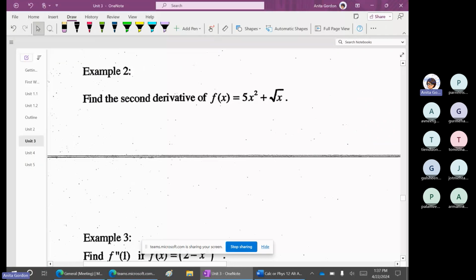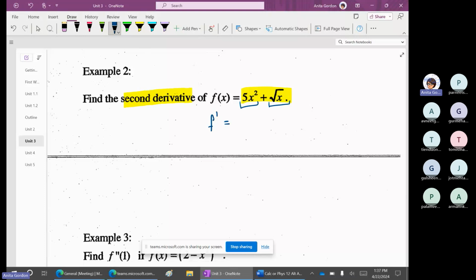Example 2. Find the second derivative of this function here. What's the first derivative? What's f prime? This is a sum rule, right?